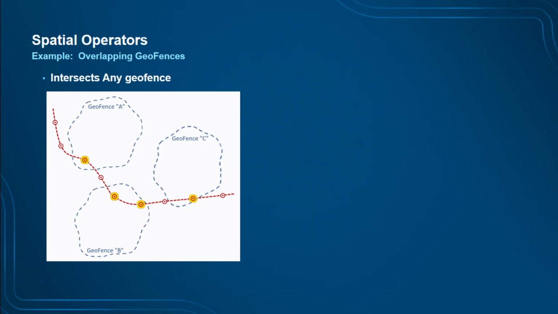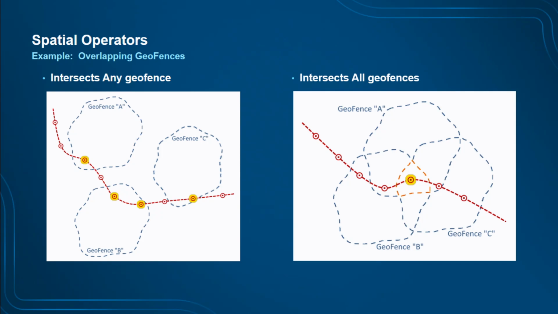The intersect any is evaluating against these 3 chosen geofences, and it is alerting us, visually or otherwise, when a truck vehicle's position intersects geofence A, intersects B, and then later intersects geofence C. But if we wanted to intersect all of the geofences, of course the geofences would have to overlap. So now you're not dealing with US counties or a United States type set of geofences, you're dealing with something where the geometries could legitimately overlap.